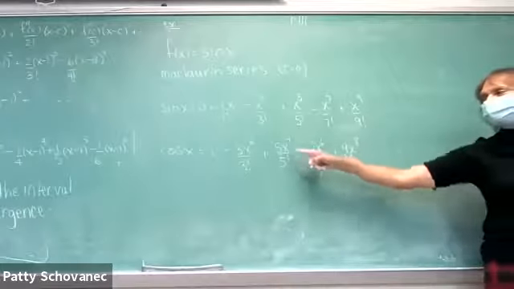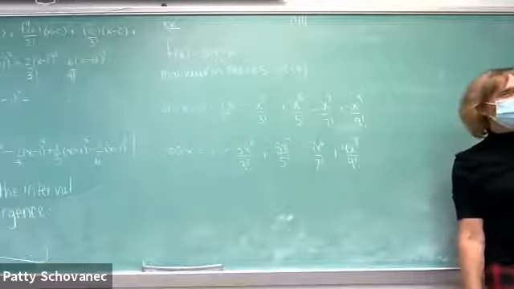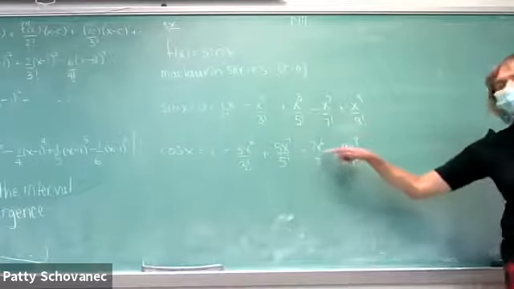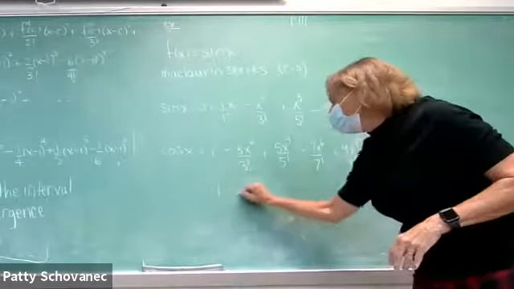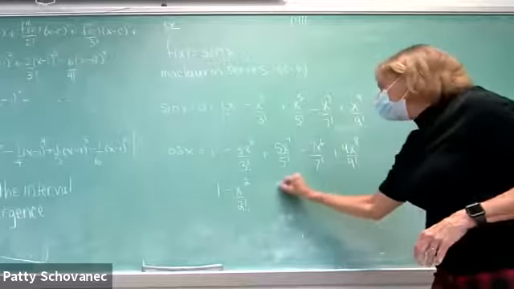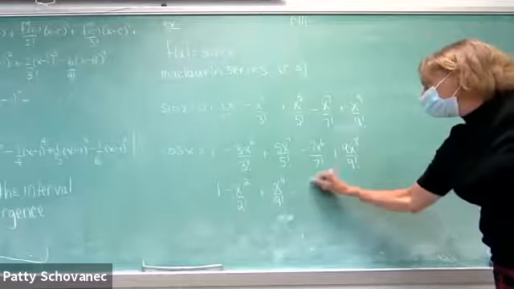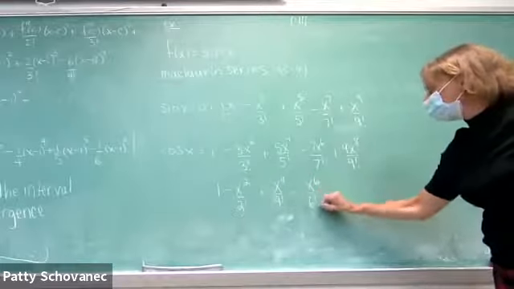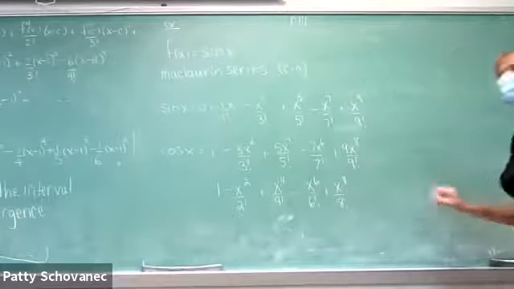But remember how the 5 and the 5 factorial cancels? Leaves me with 4 factorial, right? Each one knocks it down by 1 factorial. So the cosine of x looks like 1 minus x squared over 2 factorial plus x to the 4th over 4 factorial minus x to the 6th over 6 factorial plus x to the 8th over 8 factorial, and so on.